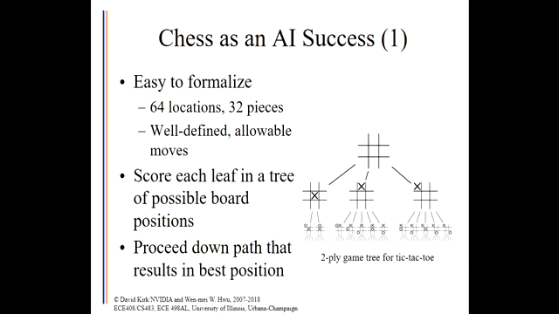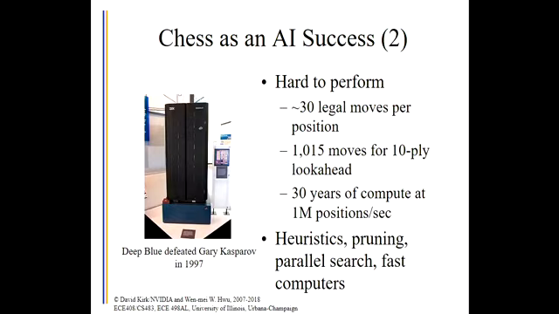Each leaf in your possibility tree is a possible board state, right? So you could proceed down the path that results in the best position that you want, and some of them are going to be checkmate, right? So these are the kind of things that you can do.